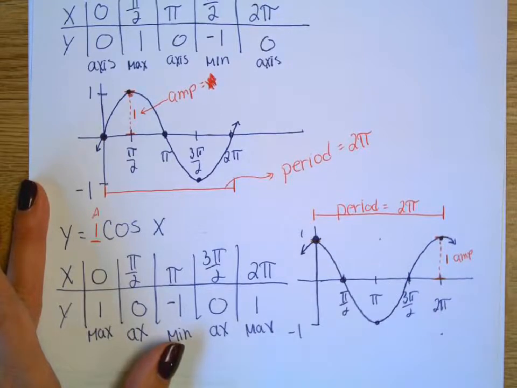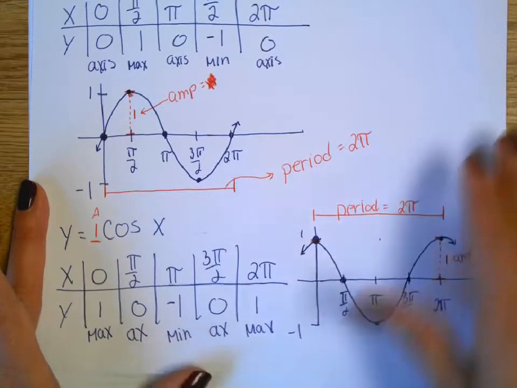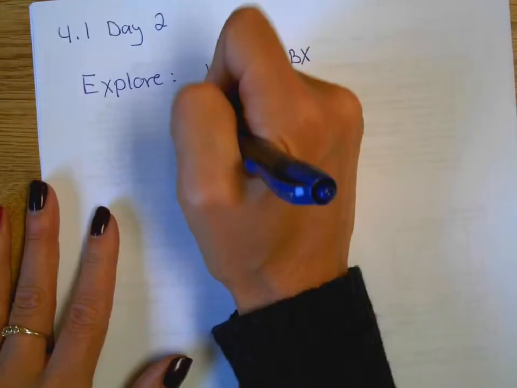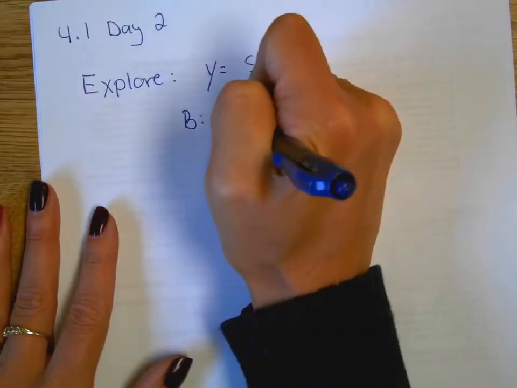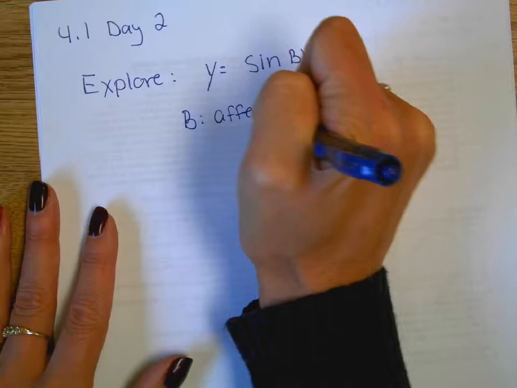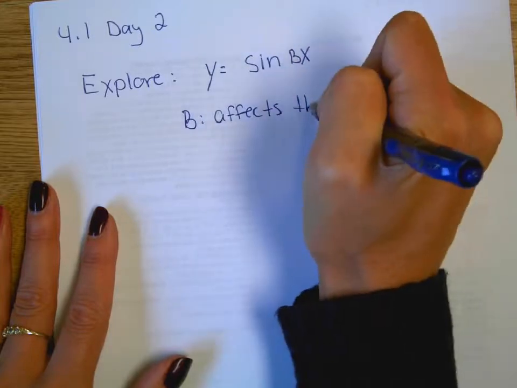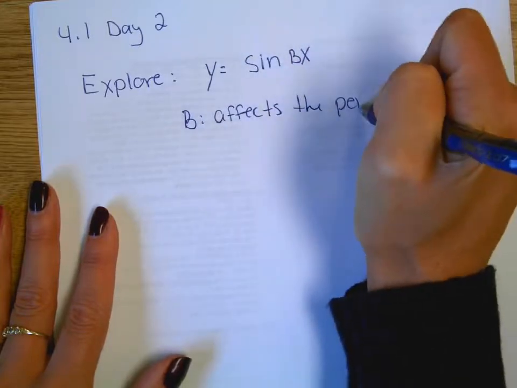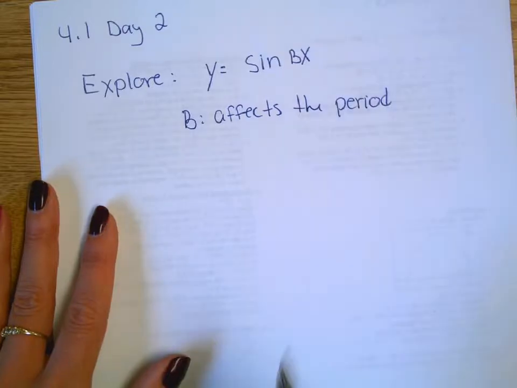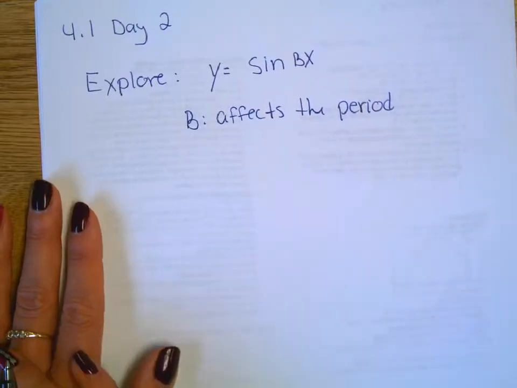So, for us to figure out what the period is, we've got to work with that B. Back to our explore, what we just discovered is that B affects the period.